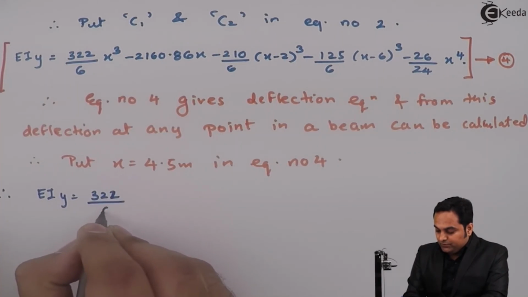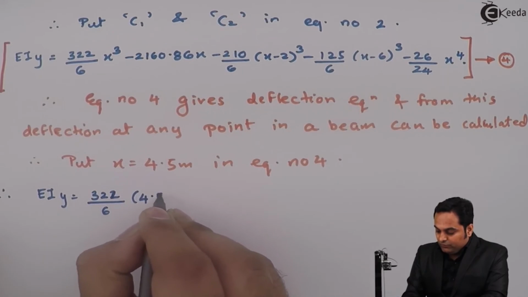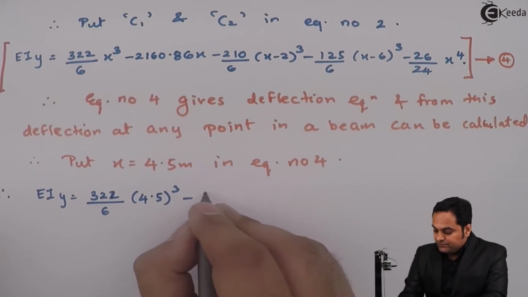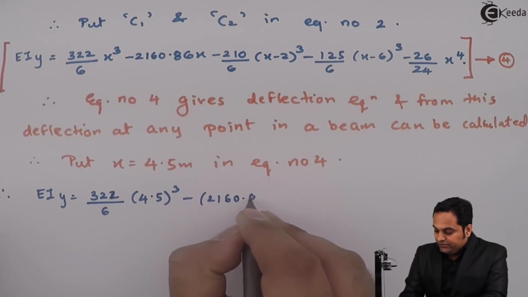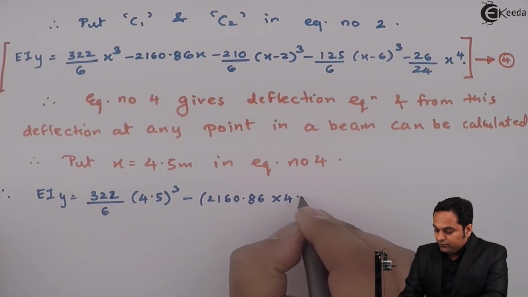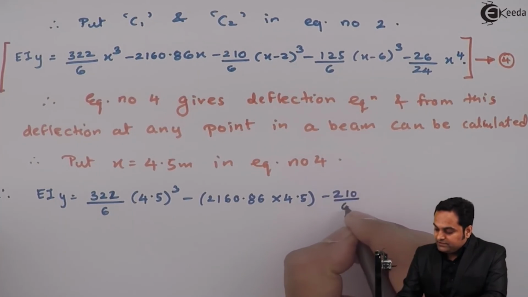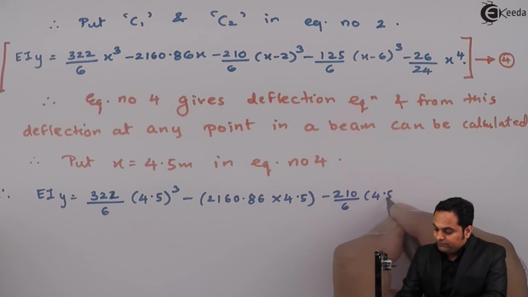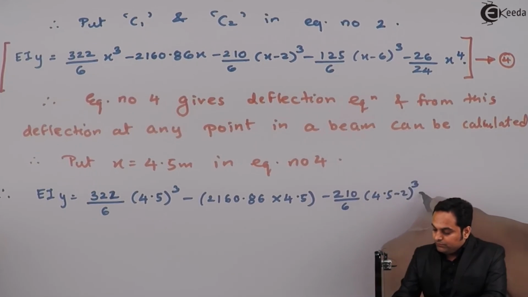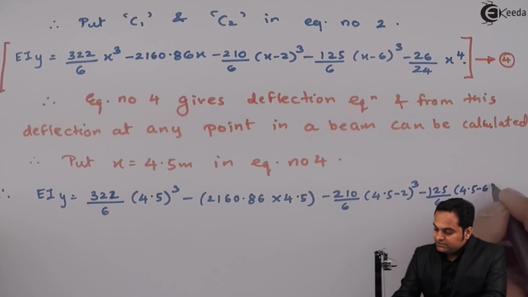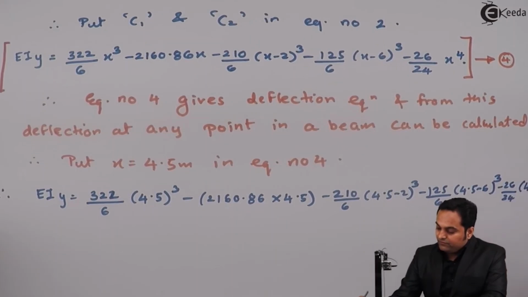So here I'll put the values. This is 322 by 6, 4.5 cube, minus 2160.86 into 4.5, minus 210 by 6 into 4.5 minus 2 cube, minus 125 by 6, 4.5 minus 6 whole cube, minus 26 by 24, 4.5 raised to power 4.